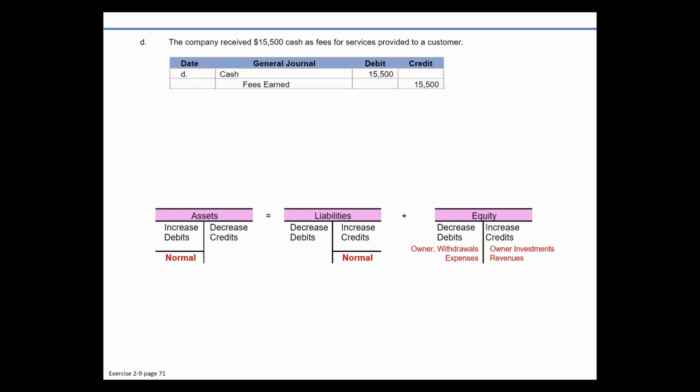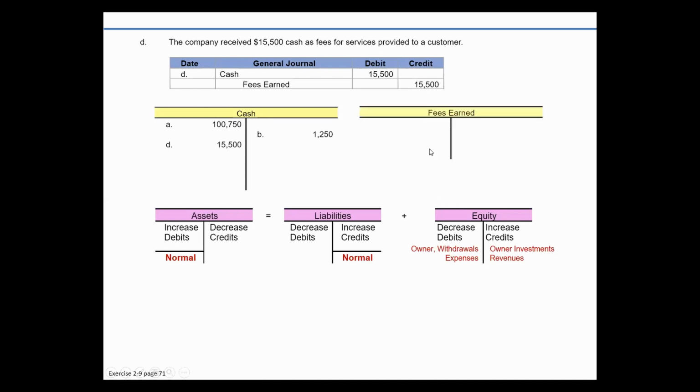Fees earned is part of our equity because it's part of our revenues, so we credit that 15,500. Notice that it balances out also. Over here, cash has a debit of 15,500 because we're receiving cash, and fees earned will have a credit of 15,500 because that was part of our revenue.